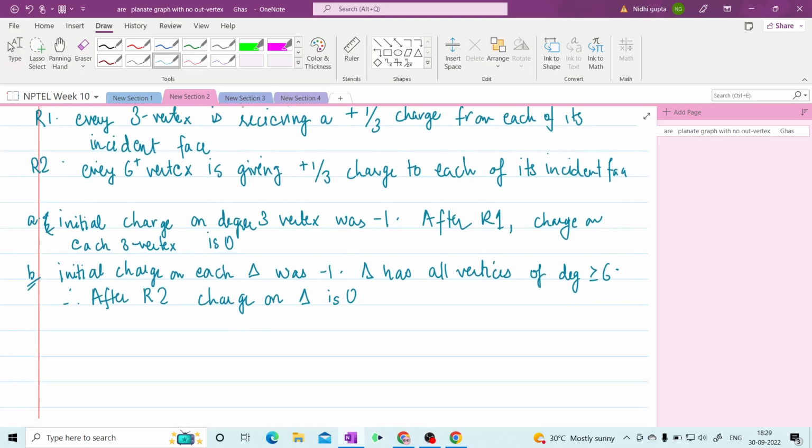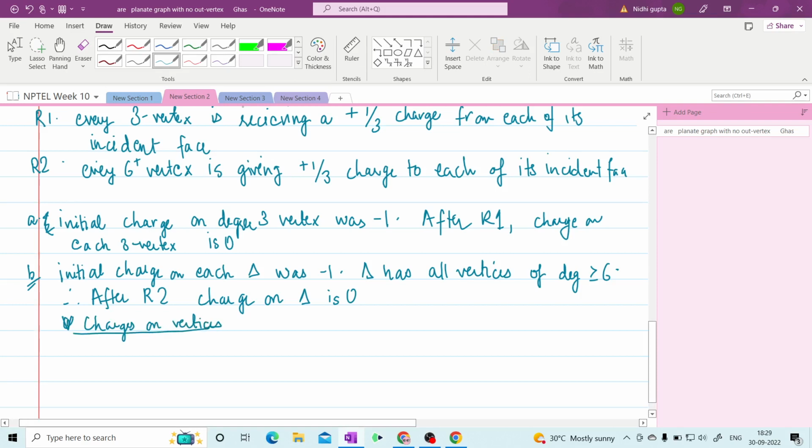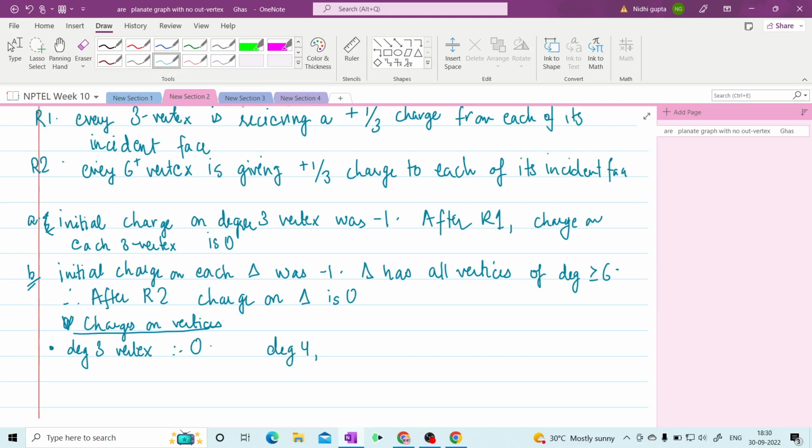So let's first check the charges on vertices. Degree 3 vertex, the charge is 0. Now degree 4 and degree 5 vertex, we see there is no change.